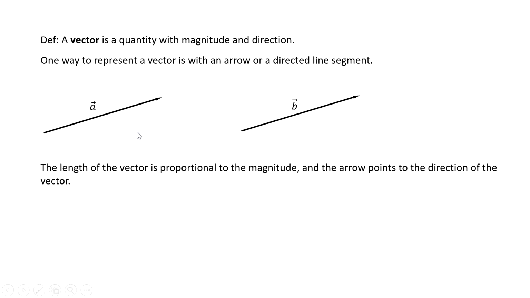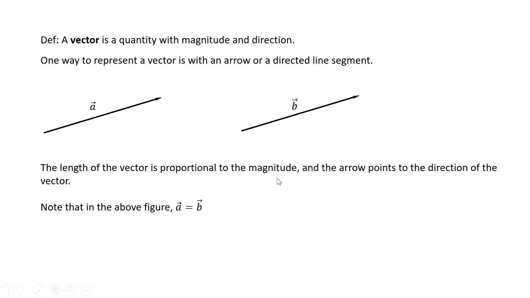Yep, they have the same length. Are they pointing in the same direction, both of them? Yeah, they are. End of the story. They must be equal. But their starting points, we don't care about the starting points. You see, that's the idea. As long as two vectors have the same magnitude and direction, they are equal. Cool? All right.